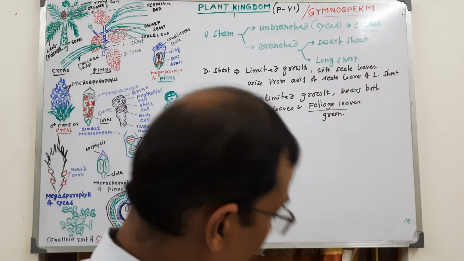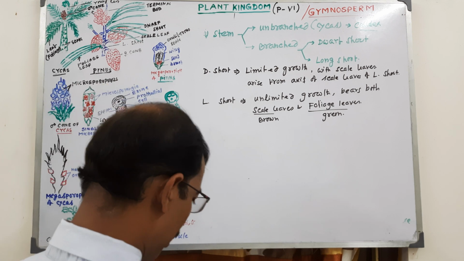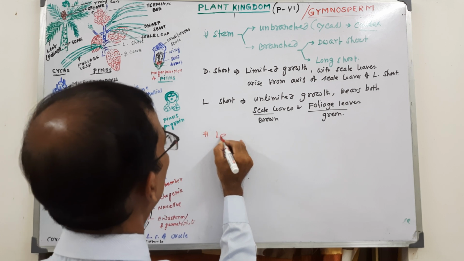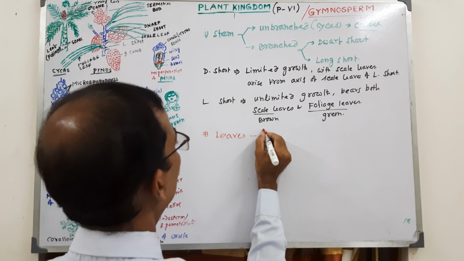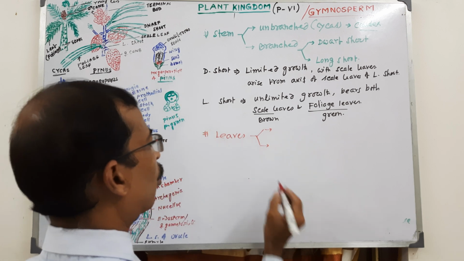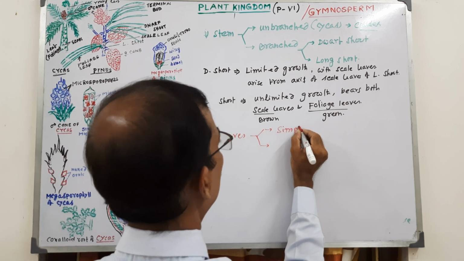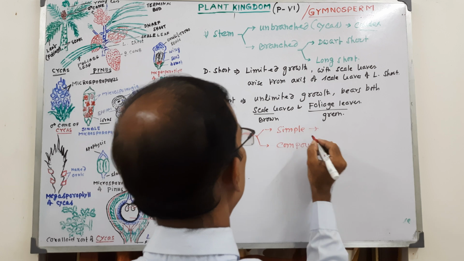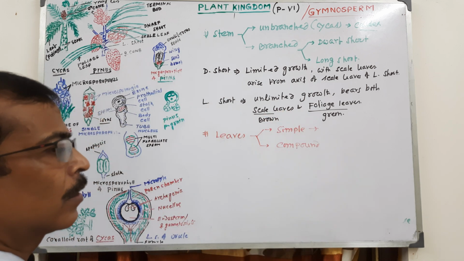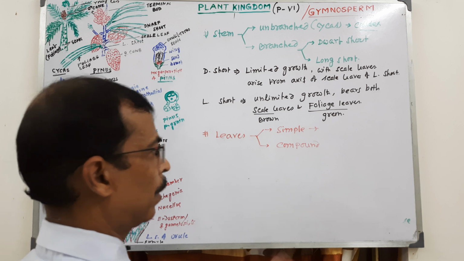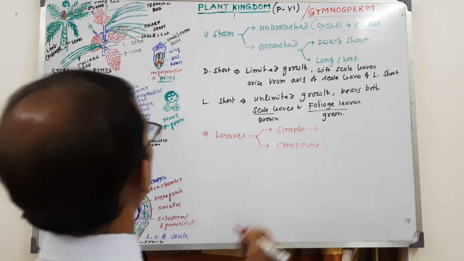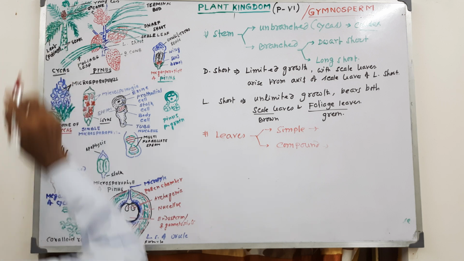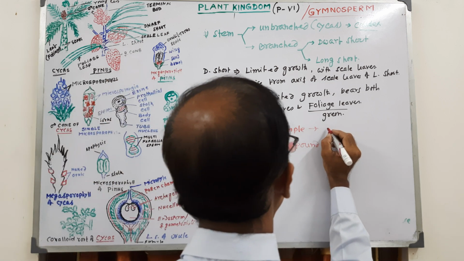Now about their leaves. According to morphology, leaves may be simple or compound. Simple means the lamina is either unsegmented or partially segmented, but in a compound leaf the leaf is completely segmented. Look here, this is the pinnate compound leaf.